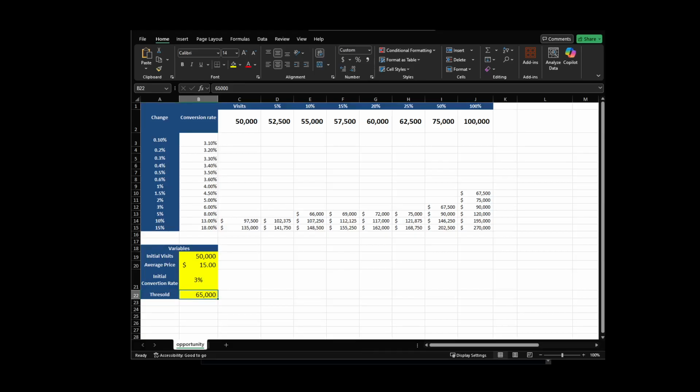Implementing the Excel formulas here is quite easy. We have the initial number that is related to initial visits, and the change is taken from there, from row number 1. So if we see, there is hard coding and the changes are the formulas between them.